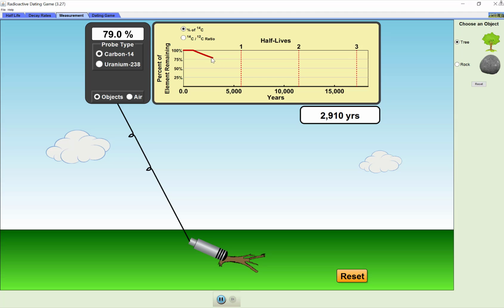So it's decaying. We can see that here, that we had 100% of carbon-14, but as soon as it died, that carbon-14 began to decrease in amount because it's going through radioactive decay. And when it gets to this one half-life, we know what half-life is, when half the amount decays.